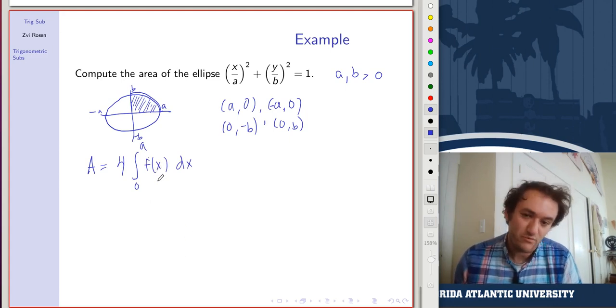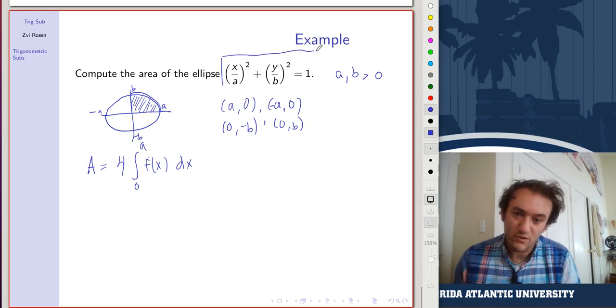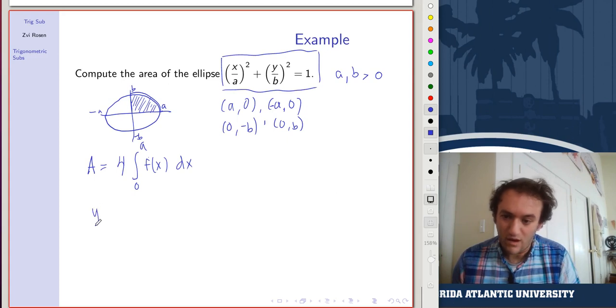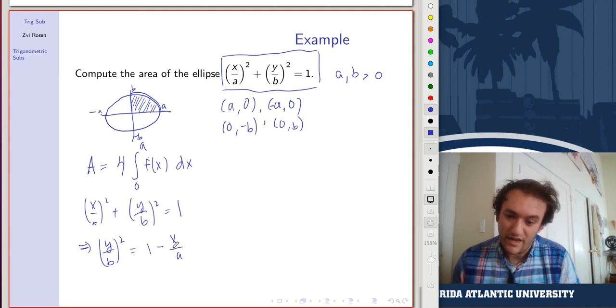Okay, but what is that function describing the ellipse? We can use this equation. If we have (x/a)^2 + (y/b)^2 = 1, then that means that (y/b)^2 equals 1 minus (x/a)^2, which means that y is equal to b times the square root of 1 minus (x/a)^2.